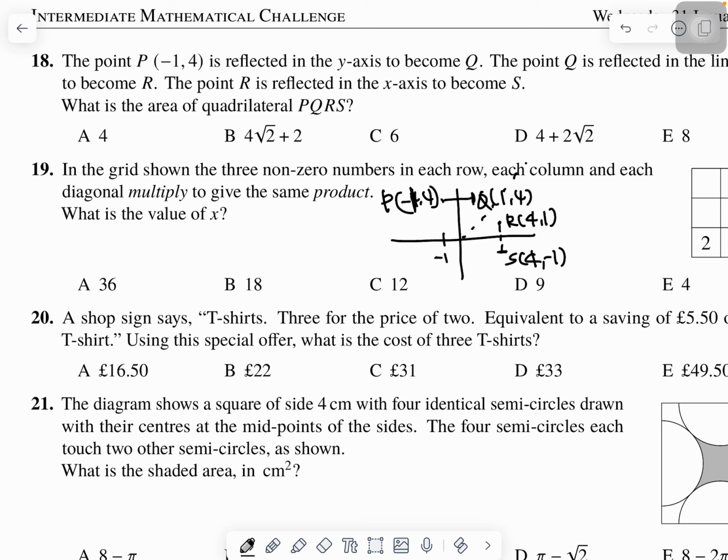So what is the area? I didn't know. So like this. Actually, because this looks like a trapezoid, we need to decide which is the easiest way to find the area.